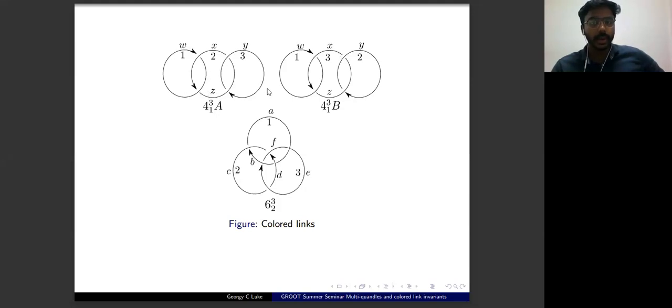What I am trying to show is that our invariant, the cardinality of colorings by a fixed 3-quandle, will detect this difference.